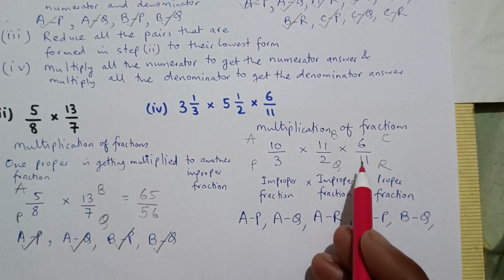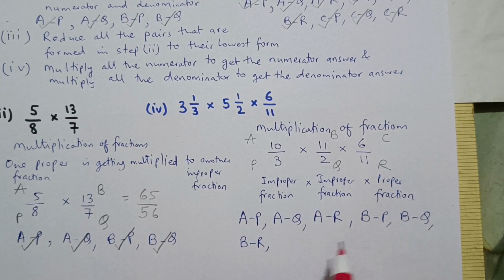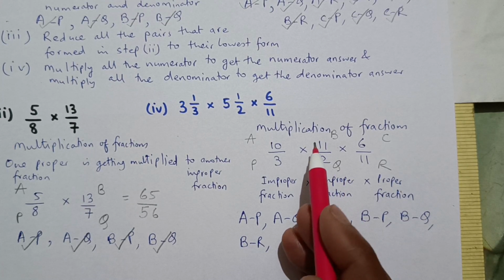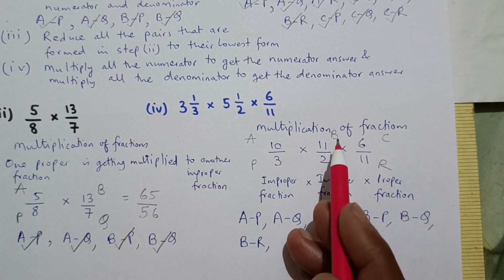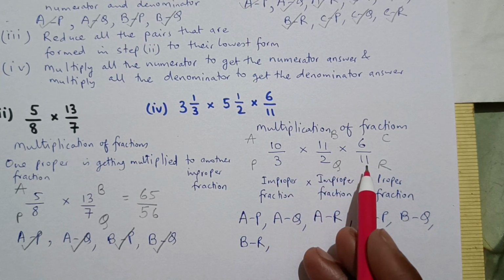Another is 11 by 11, so BR. So these are the three numerator denominator pairs with the numerator 11. One is 11 by 3, another is 11 by 2, another is 11 by 11.